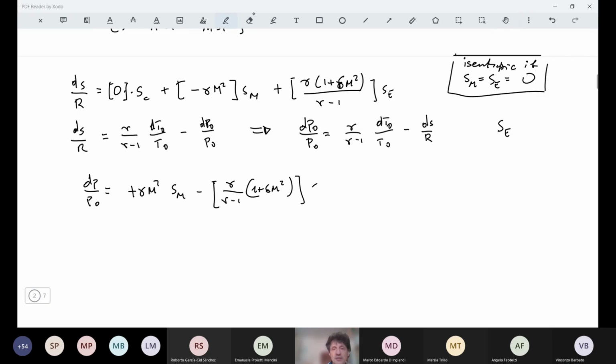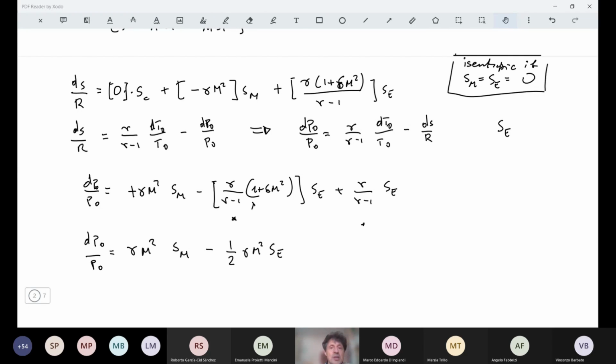And Se, and then we have plus gamma over gamma minus 1 dT0 over T0, which is gamma over gamma minus 1 Se. So you see that these two terms will cancel with each other, and so we have that dP0 over P0 is this term for the momentum equation source term and a similar term for the energy equation source term.